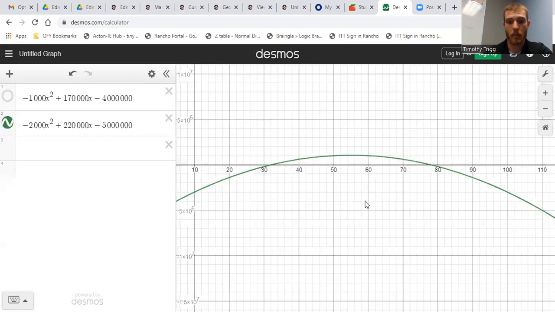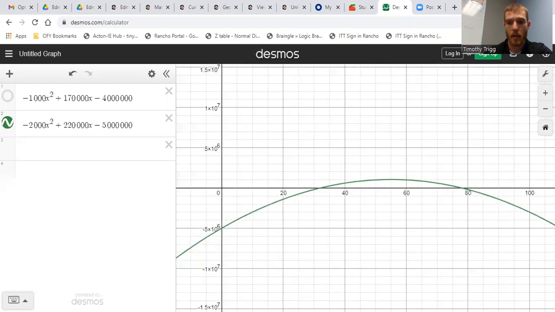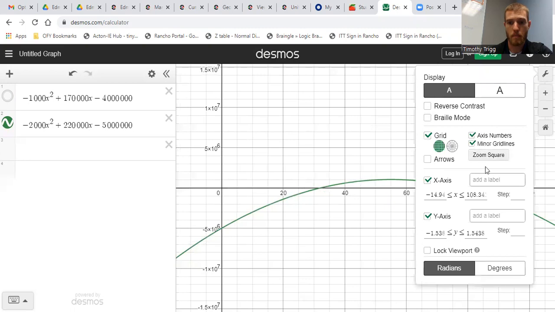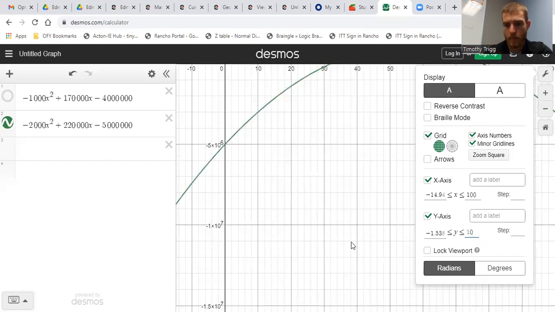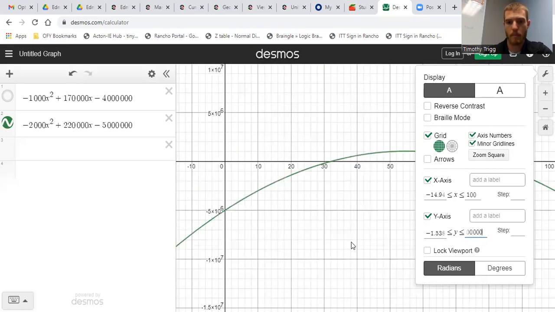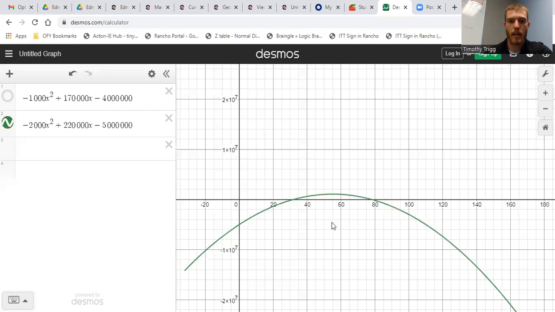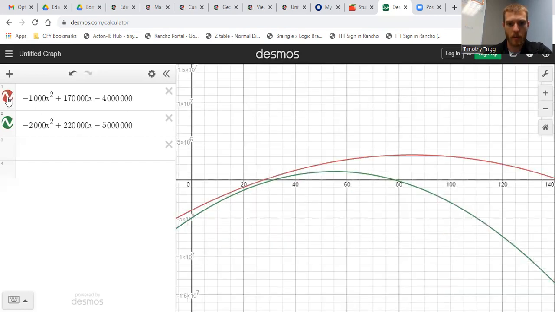Now, one thing I want to do here, I've already done it on mine: if you go to the wrench here on Desmos, you want to change your axes quite a bit. Your x-axis, you probably want to change to like 100. For your y-axis, you want to change this to maybe 10 million. Once you've done that, it'll be easier to see what's going on.